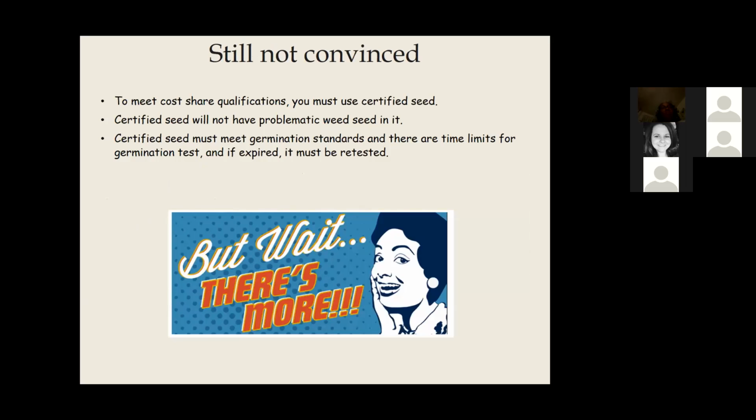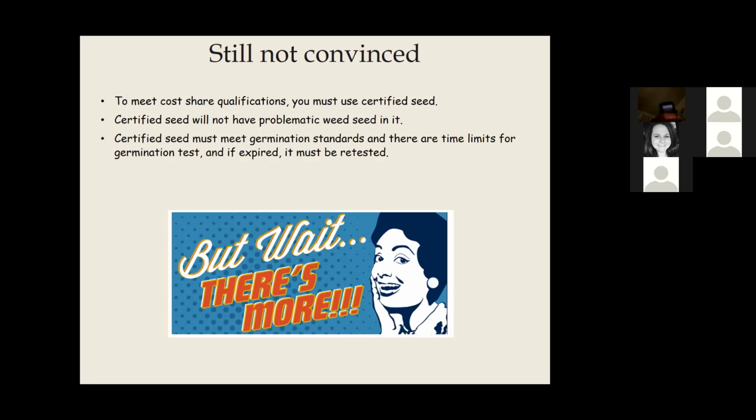Okay, if you still think you're going to just buy that cheaper seed, most of our cost share programs, you have to use certified seed. Certified seed will not have problematic weeds in it. And that's a concern. I mean, we'll have a lot of new seedings out there and somebody will say, you know, gee whiz, must have had a lot of weed seed in there.